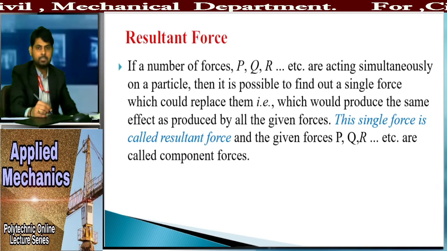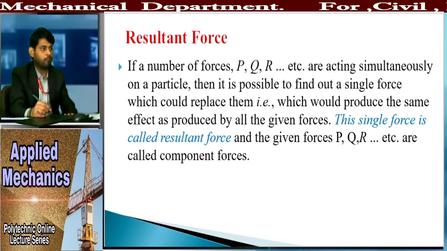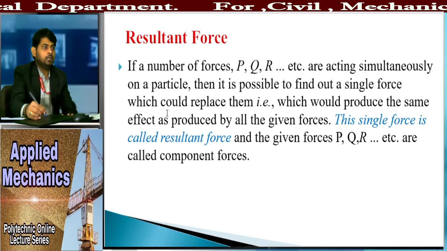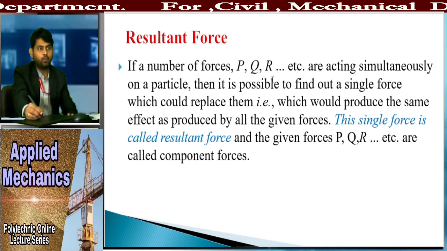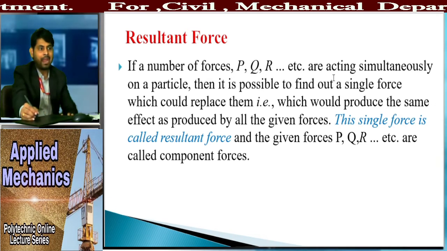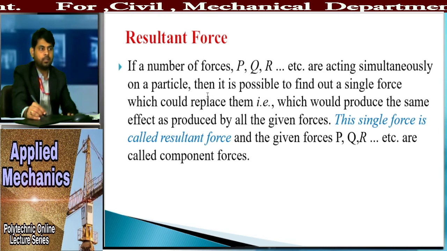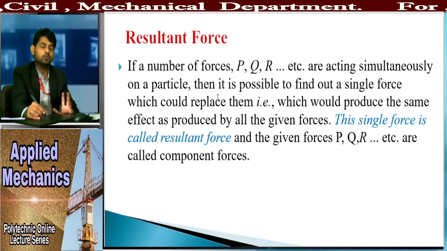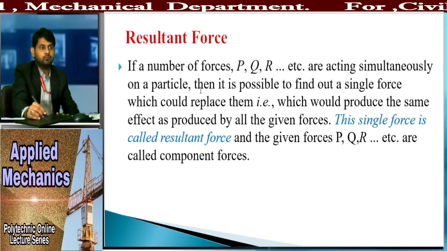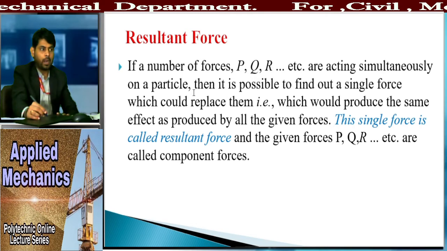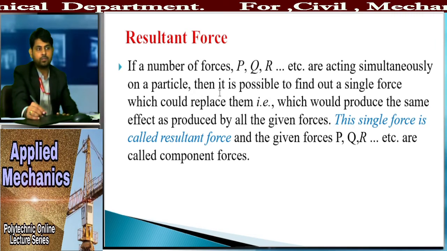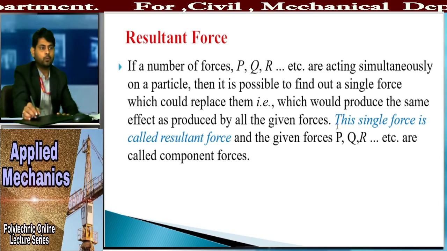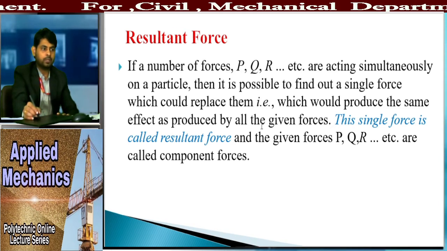So let's see the next point, that is the resultant of the forces. If a number of forces P, Q, R, etc. are acting simultaneously on a particle, meaning we have forces like P, Q, R, S, two or three or four, then it is possible to find a single force which could replace them, that is, which would produce the same effect as produced by all the given forces.